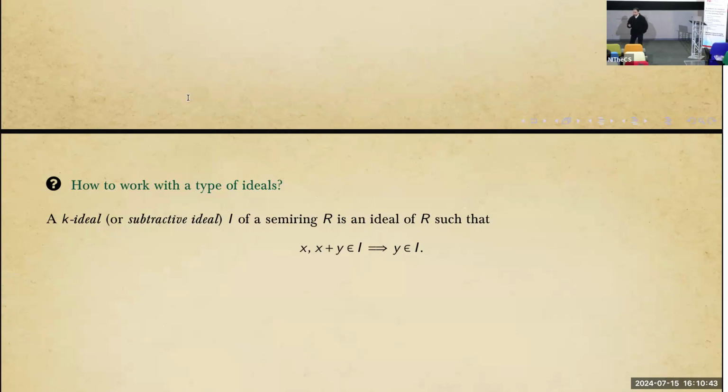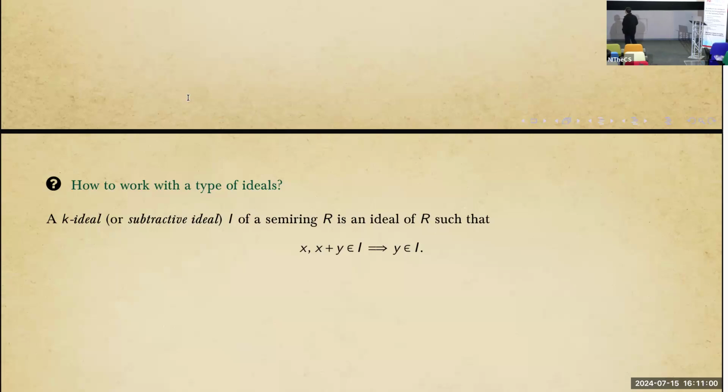Since you cannot have x minus y type of things, we pretend that if x is there and x plus y is there, then y is there. So you compromise in some sense on subtraction. This is a very well studied class of ideals for semi-rings.